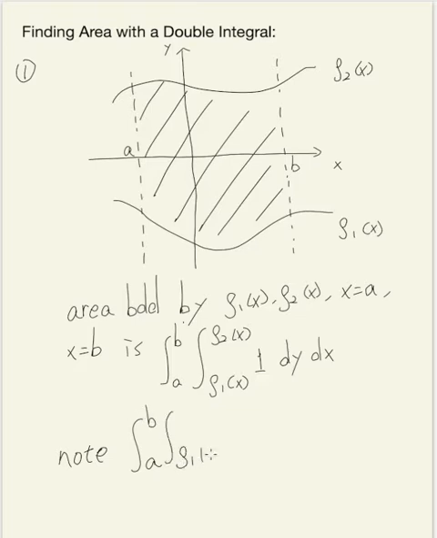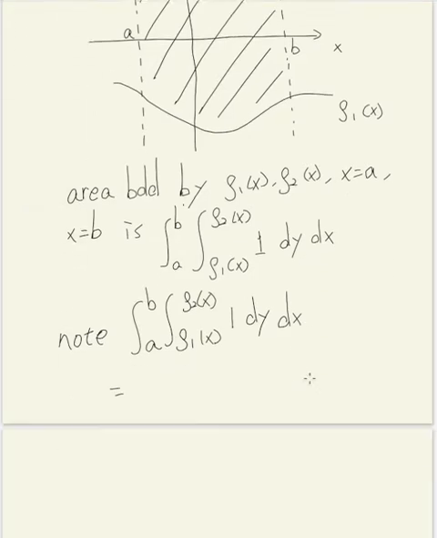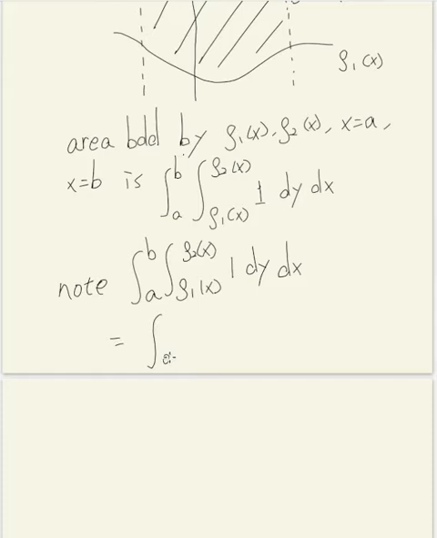From a to b, the integral of 1 is just y, evaluated from g1 of x to g2 of x, dx, and this equals g2 of x minus g1 of x, dx.